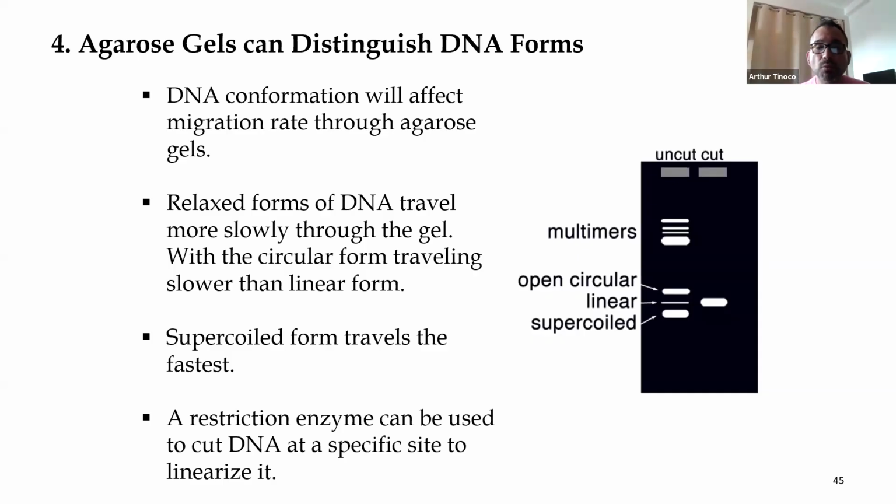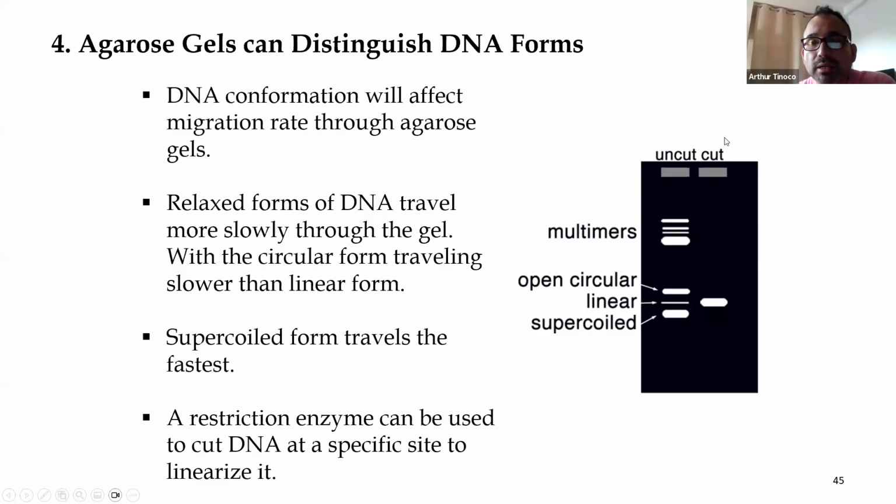Now, what you could do is take advantage of an enzymatic process for clipping this DNA so that you can simplify it into a linear form. An example of that is a restriction enzyme that can cut the DNA and change it from these more compact structures into the linear form.